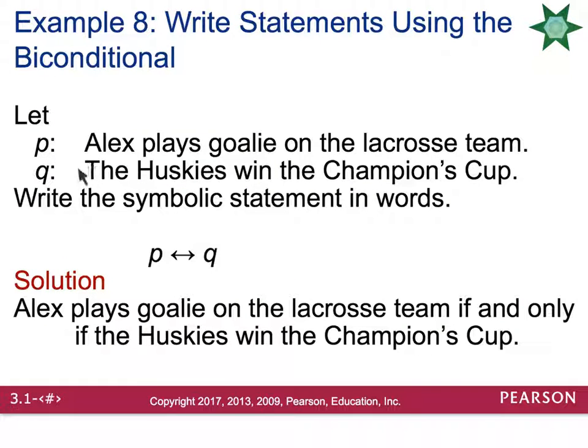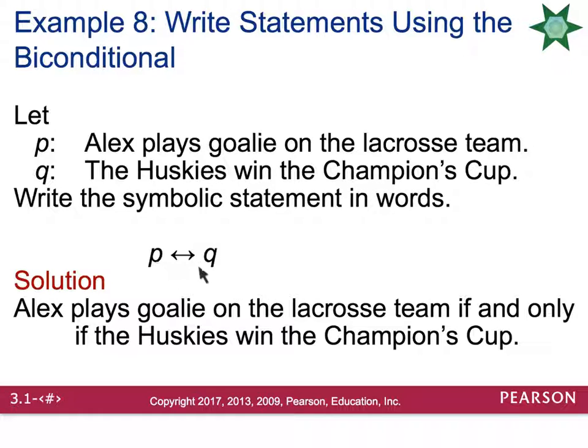So let's look at this example. Let's say P is Alex plays goalie on the lacrosse team. Q is the Huskies win the Champions Cup. We want to write the symbolic statement in words. So we have P double arrow Q. P is Alex plays goalie on the lacrosse team, so Alex plays goalie on the lacrosse team if and only if, that's the double arrow, the Huskies win the Champions Cup.